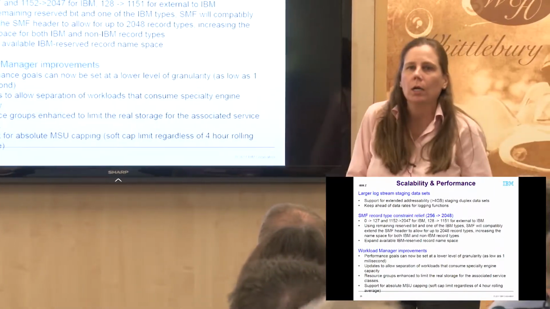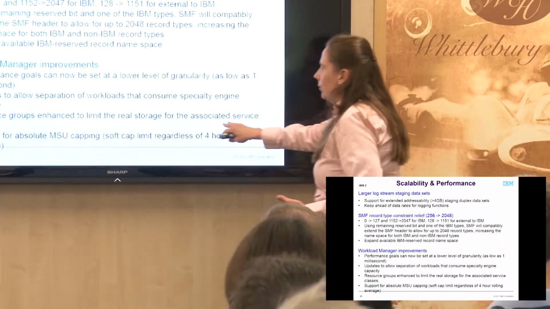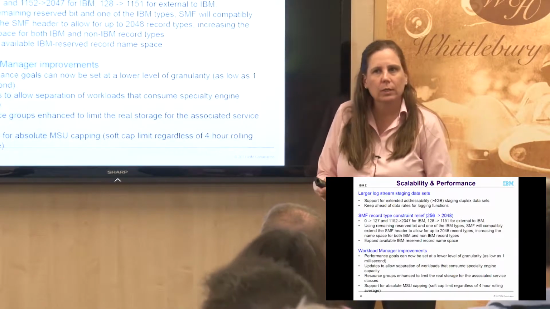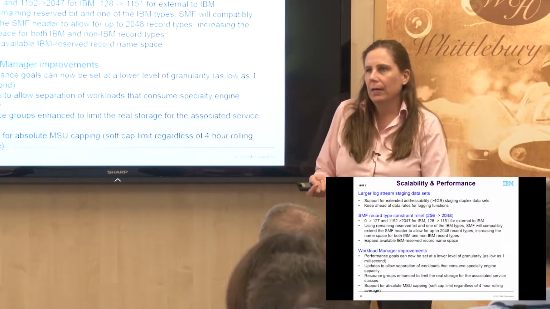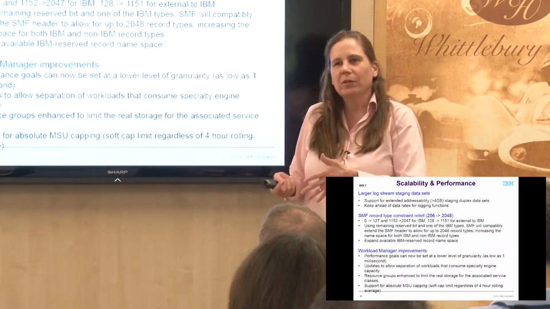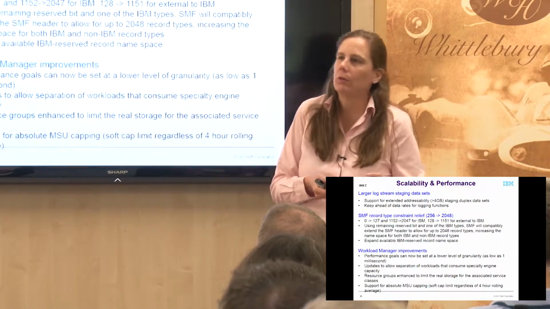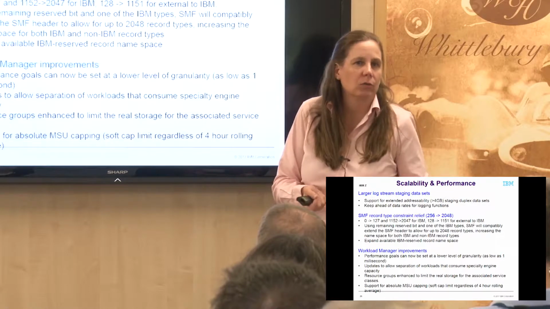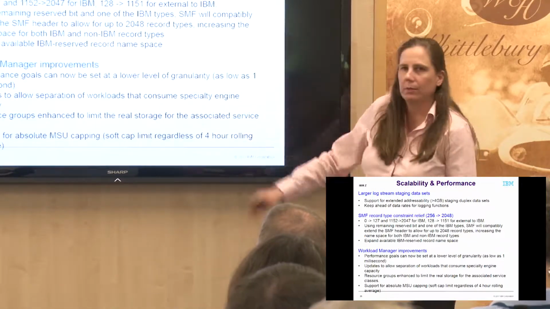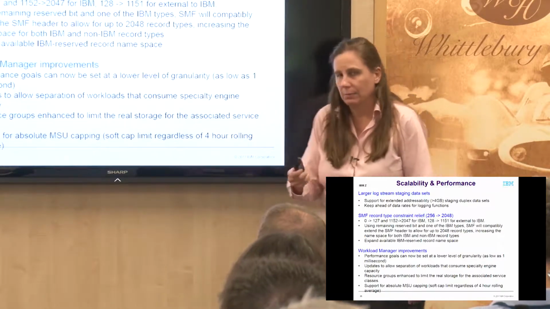I'm thinking of Spark, where we want to put those only on a specialty engine, and also we want to limit the amount of real storage that some of that workload can use, because some of this workload would be very excited to get at some of that 8 gigabytes that we have on the LPAR, but you might have other things that need to run on that system as well. So in WLM I can separate that off into specialty engines and real storage, and also specify absolute MSU capping.